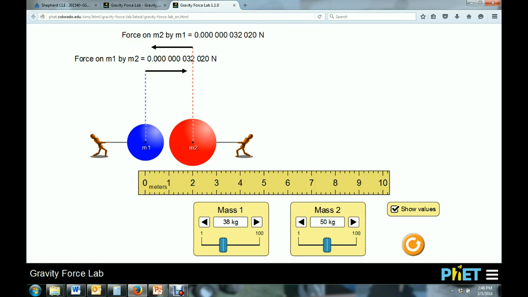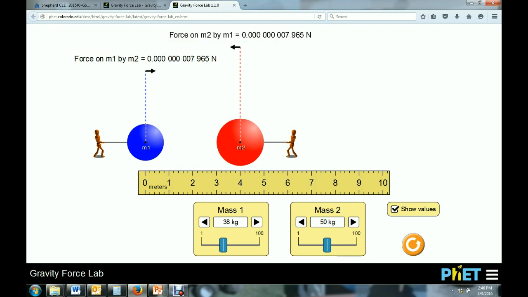Now, if I double the distance, that means I take this guy that's at 2 and I move him to 4. What does that do to my force? Instead of being at 32020, I'm now at 8045. So I changed the distance by a factor of 2. I made it 2 times bigger. And I see that the force has gone down by a factor of 4.